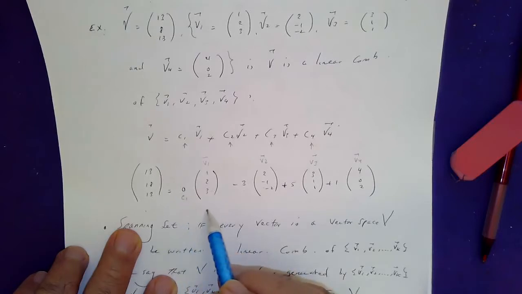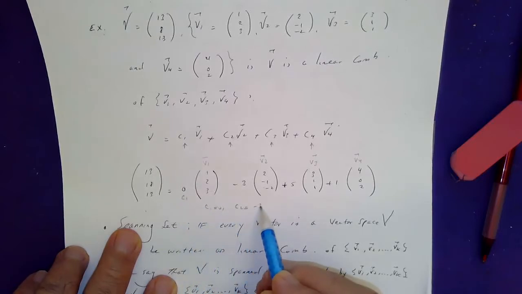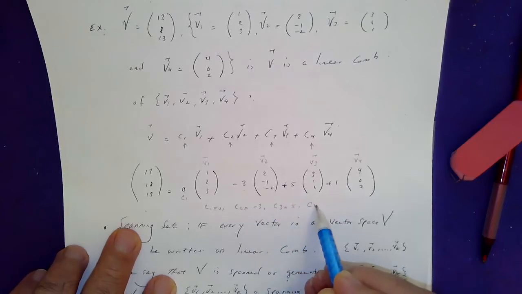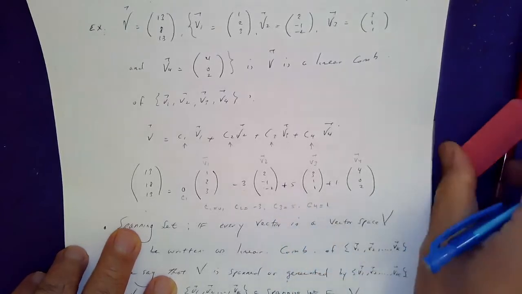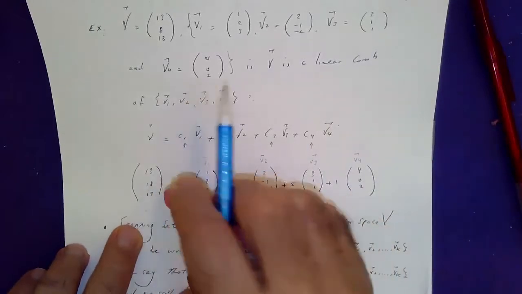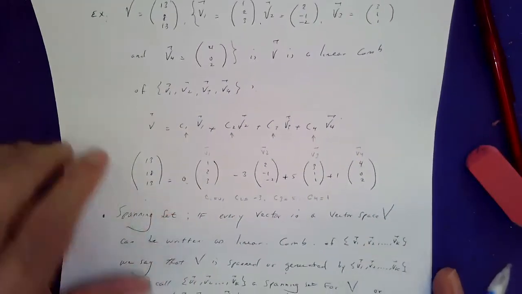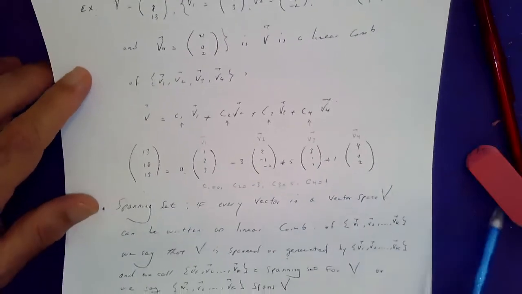So C1 has to be 0, C2 has to be negative 3, C3 has to be 5, and C4 has to be 1 for vector v to be expressed as a linear combination of the four vectors.